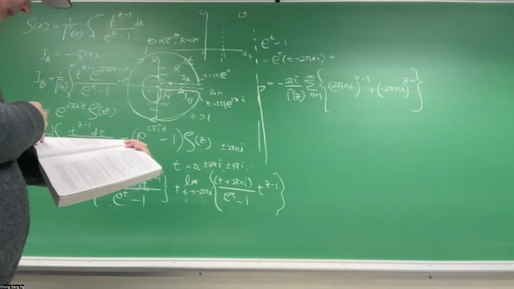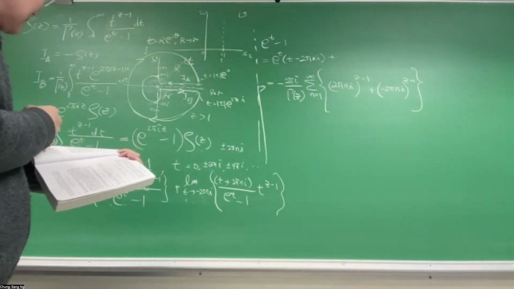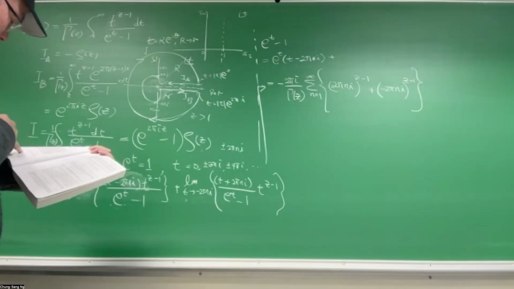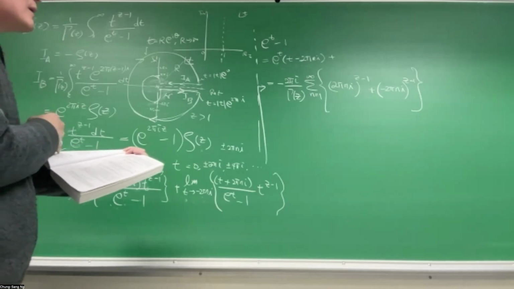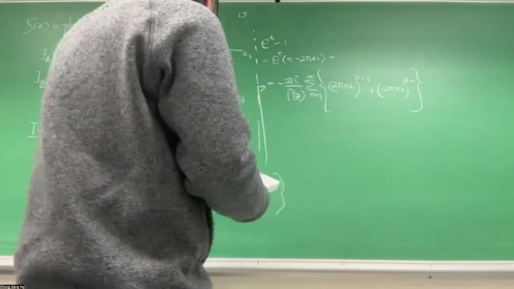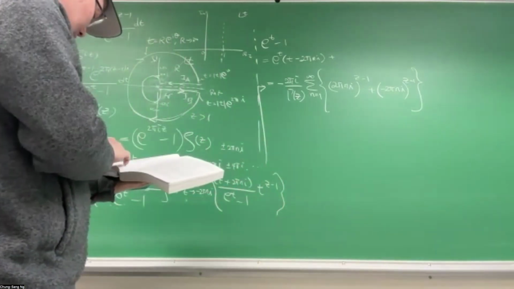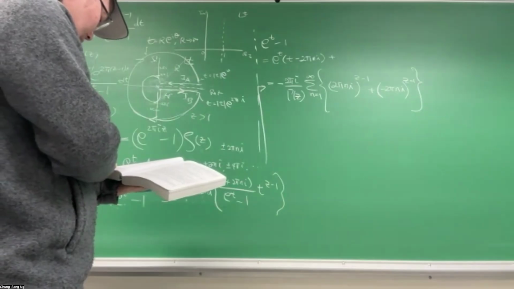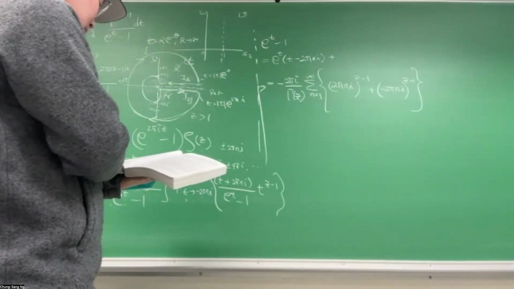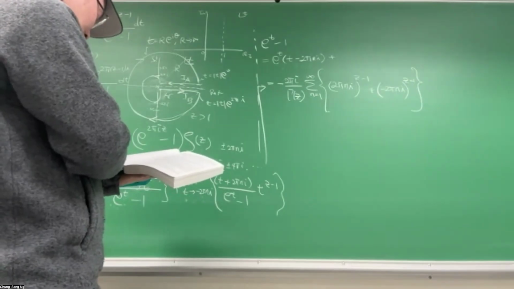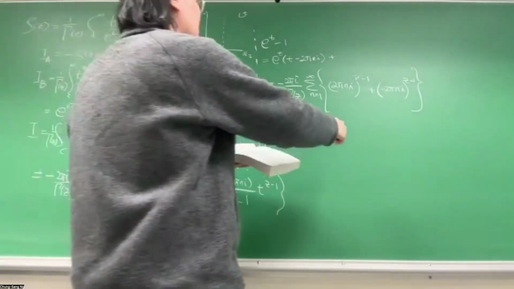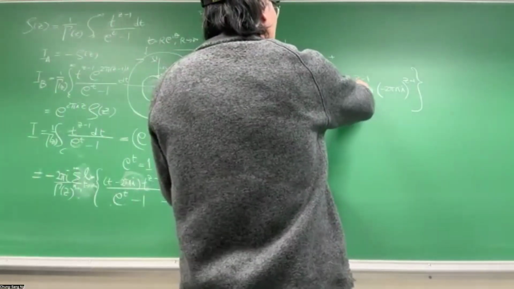And what we will do is make it like the Riemann zeta function, 2 pi i.